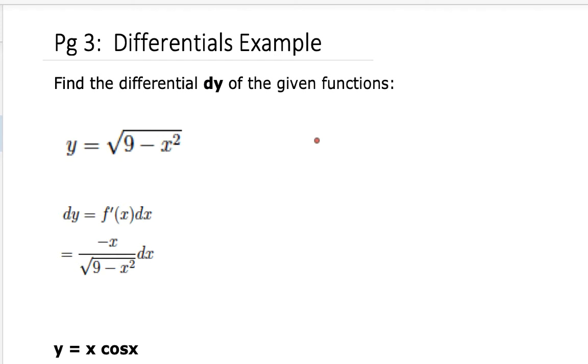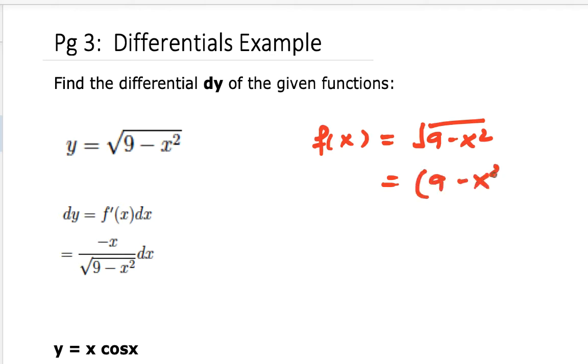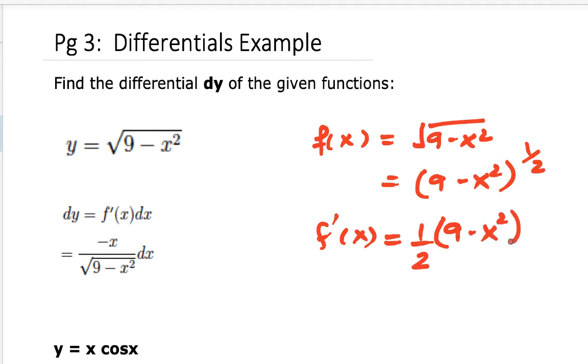Now remember, your f of x is given to be the square root of 9 minus x squared, which is basically 9 minus x squared to the power half. So if I want to take the differential, you're going to be applying the chain rule, which is half times 9 minus x squared to the power minus half times the differential of 9 minus x squared.